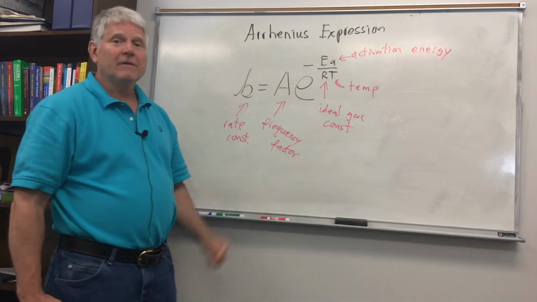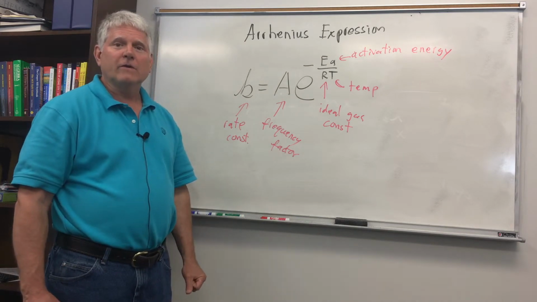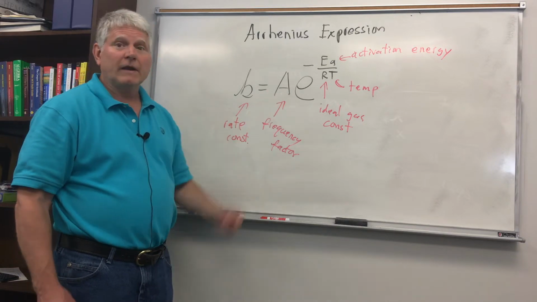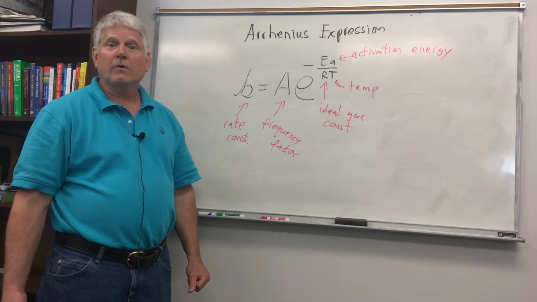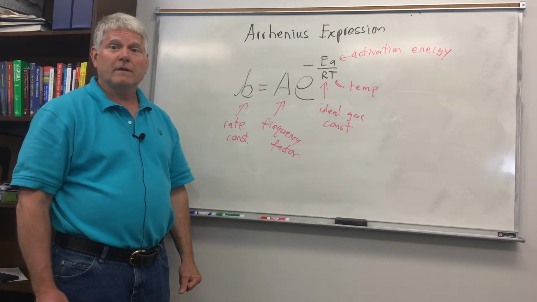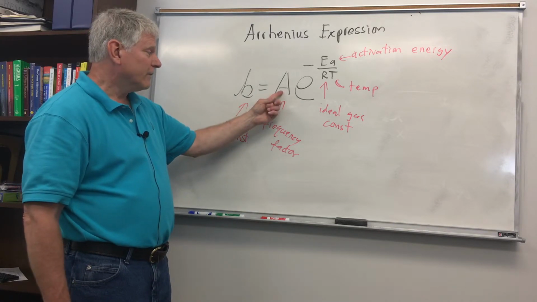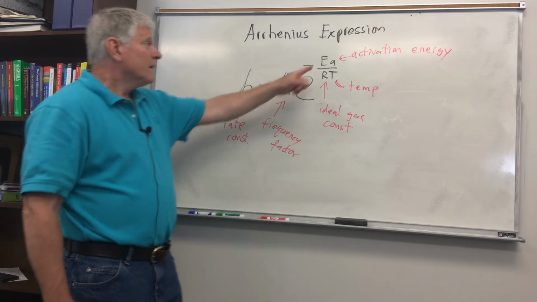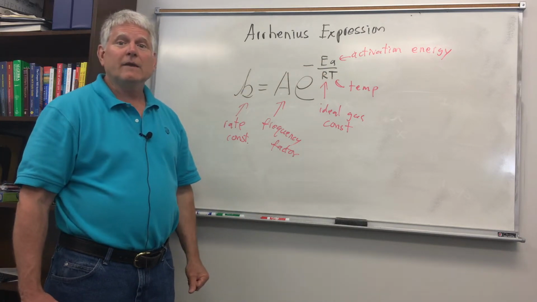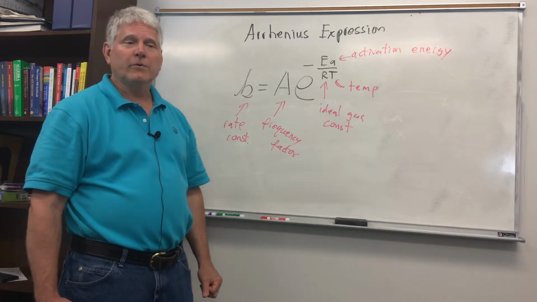The frequency factor has to do with how efficient collisions are at initiating a reaction. Do we have to have, on average, 10 collisions before we have a reaction, or does every collision initiate a reaction? This is embedded in the frequency factor. The activation energy is a barrier we need to overcome in order for the reaction to proceed.